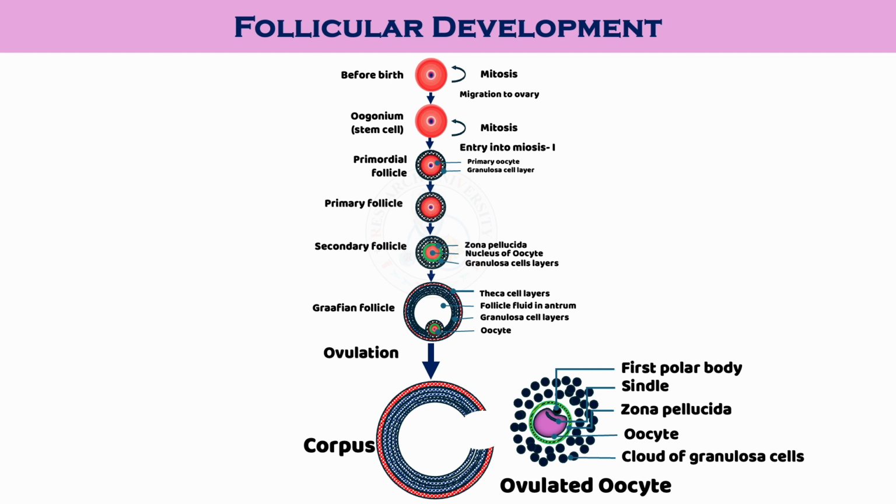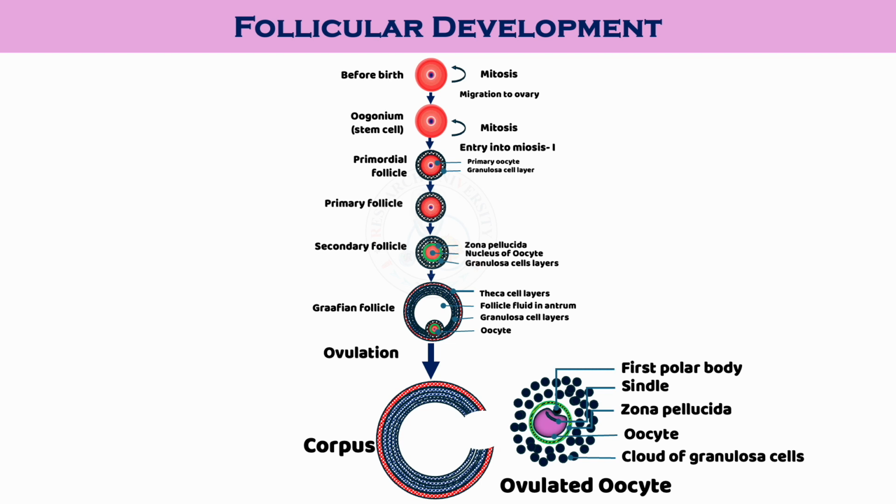If fertilization occurs, the oocyte undergoes further development, eventually leading to the formation of the embryo. If fertilization does not occur within the specific time, the oocyte degenerates, contributing to the menstrual cycle's natural progression.